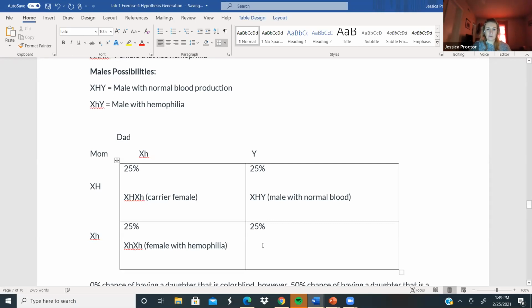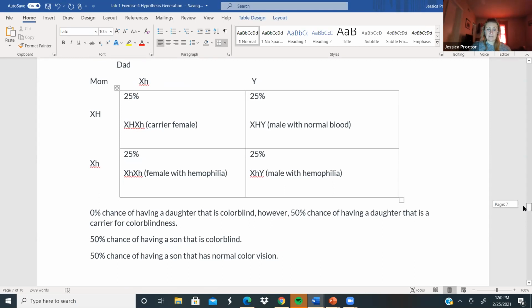And then here in this quadrant, we're going to take one from here, and then we're going to take one from here. So we've got an X little h and a Y, so that's a male with hemophilia. So these combinations here, they have a pretty good chance of having a child that does have hemophilia or is a carrier for it.